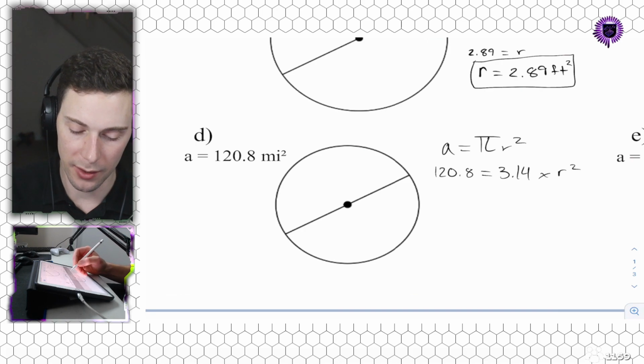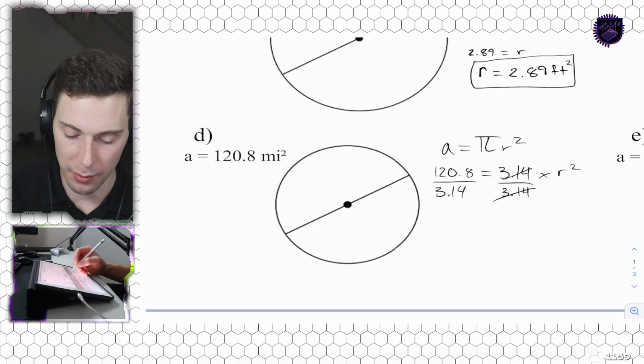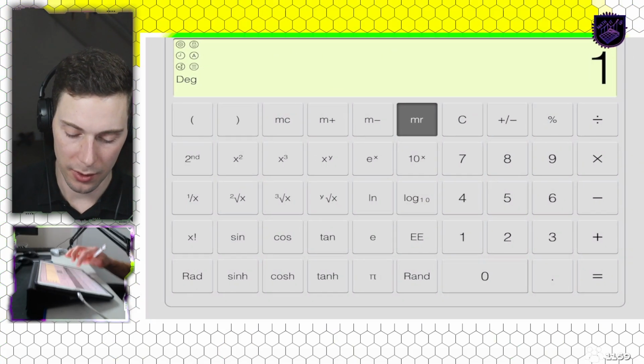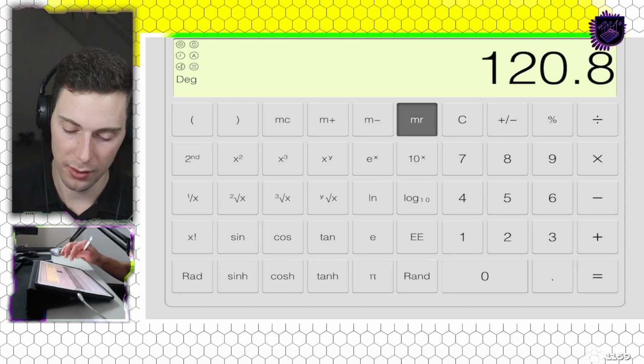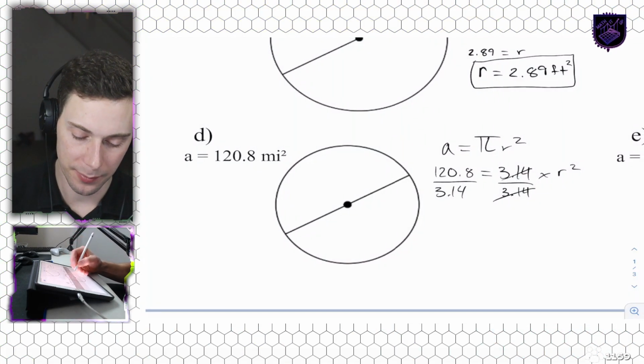We don't know the radius. Let's isolate our radius by dividing both sides by 3.14. 120.8 divided by 3.14 is 38.47.